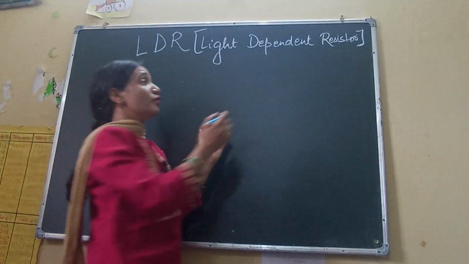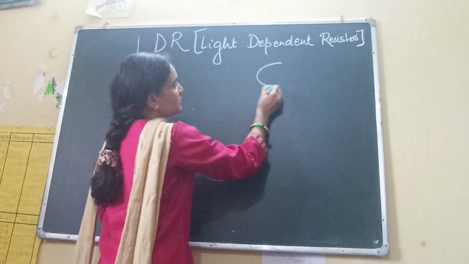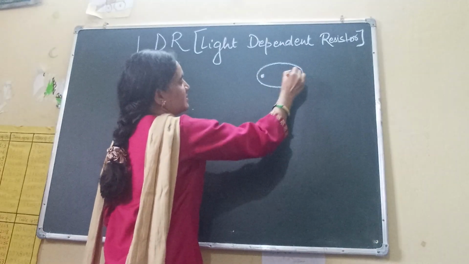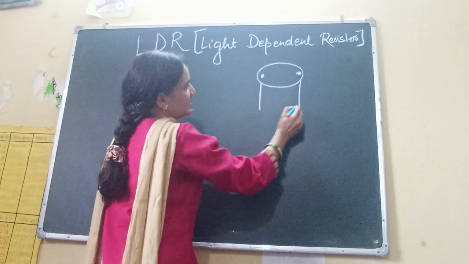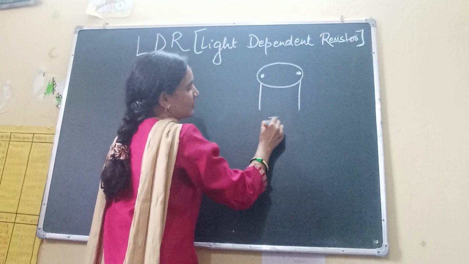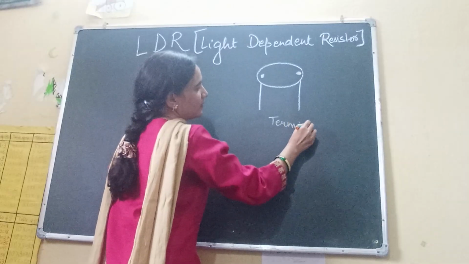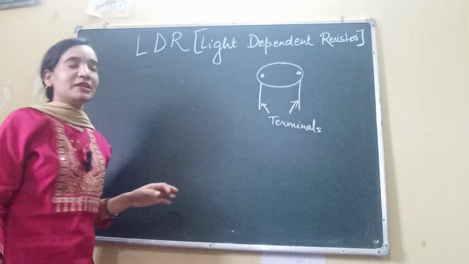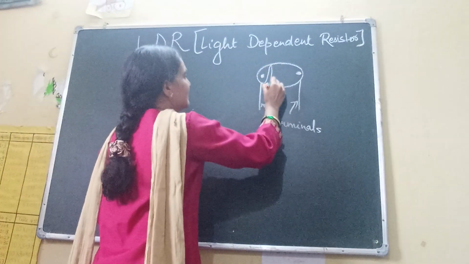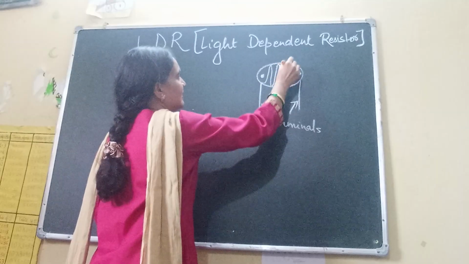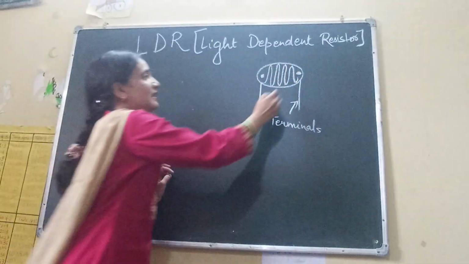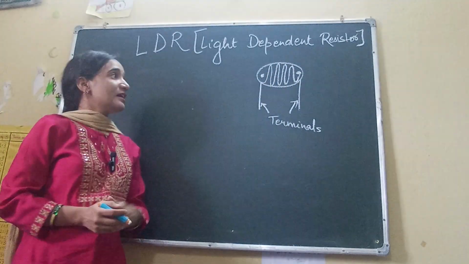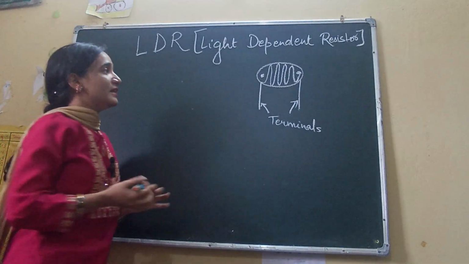So how does this component look? It looks like this. You will have the metal contact. These are the two terminals. This one is a terminal and this one is a terminal, and you will see a zigzag line on the surface of the LDR. This is called the LDR.